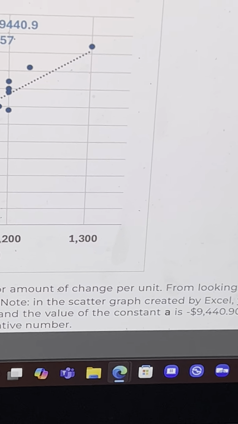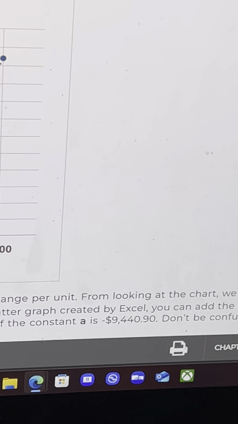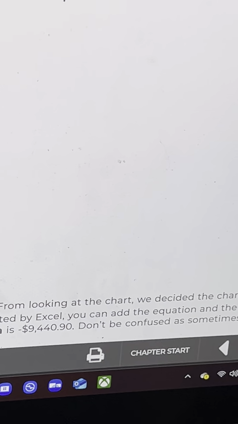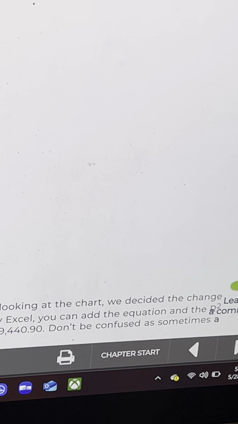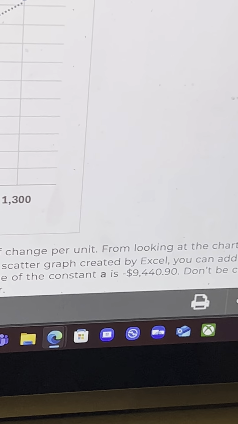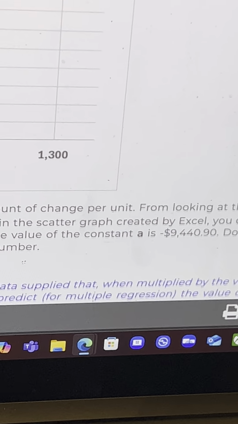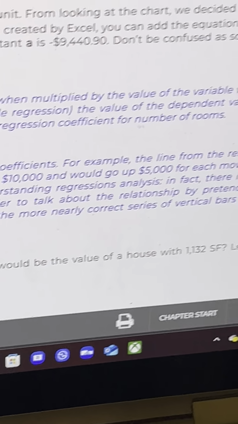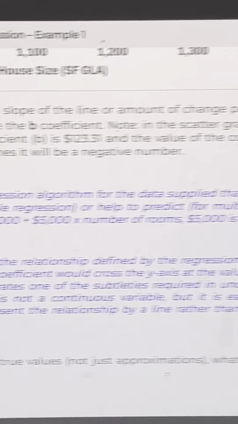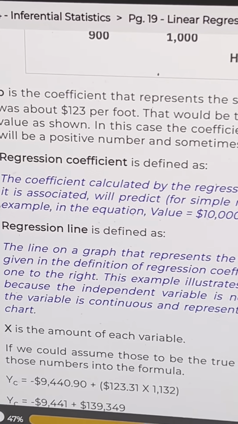Note, in the scatter graph created by Excel, you can add the equation and the R2 value as shown.